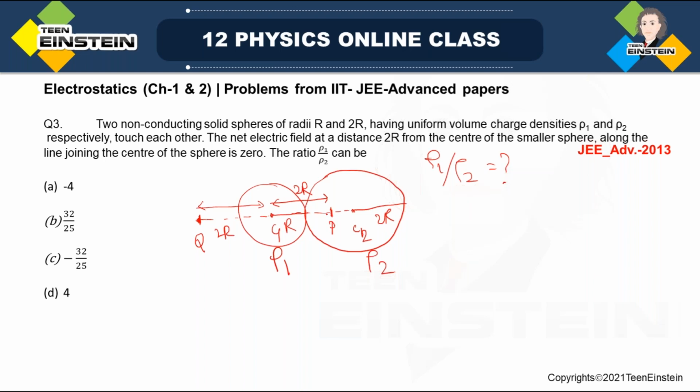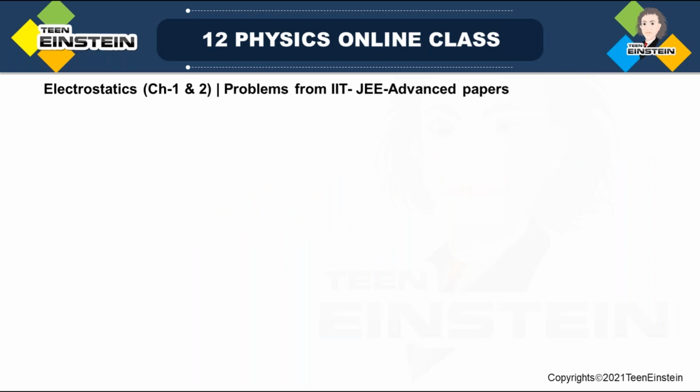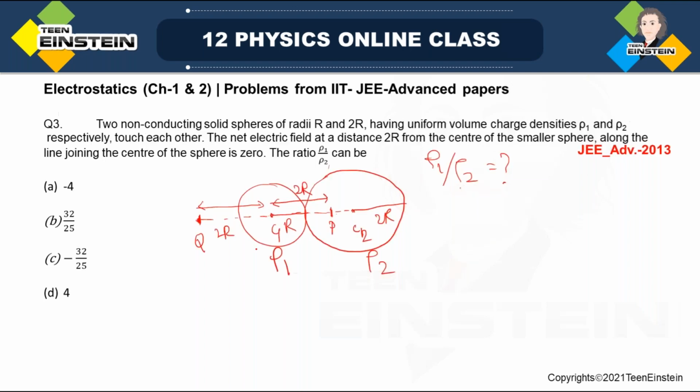So we'll see if the electric field at this particular position is 0, what is the ratio rho 1 by rho 2? And if at Q the electric field is 0, what is the value of this ratio rho 1 by rho 2? All right, we'll go to the next page. Okay, let us see.